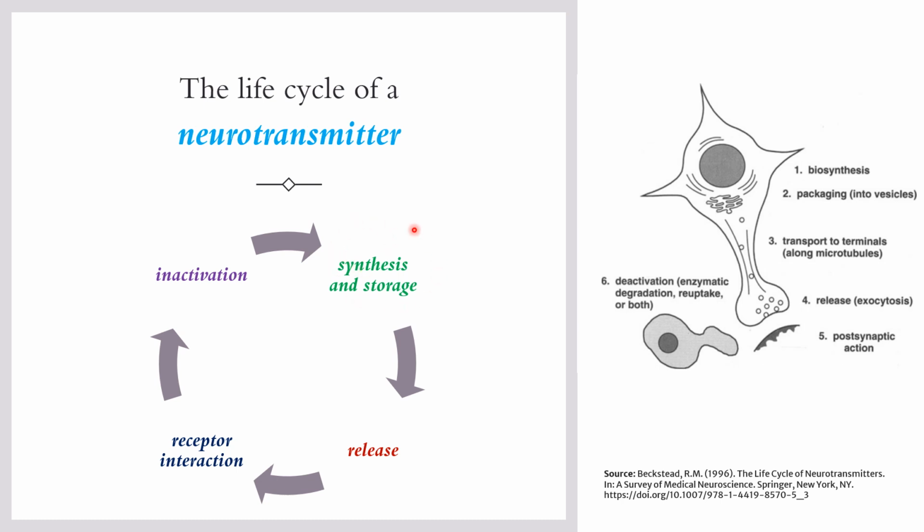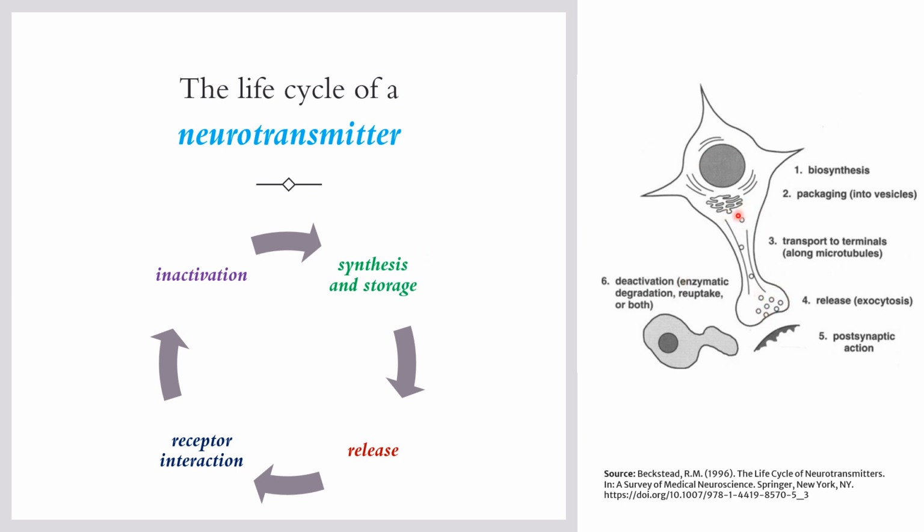The life cycle of the neurotransmitter consists of 4 stages, and the first stage is the synthesis and storage of the neurotransmitter. The neurotransmitter must first be produced and stored in vesicles, and then accumulated in the presynaptic terminals.